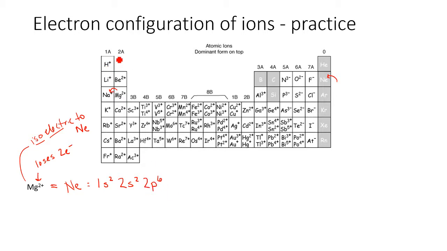Right? I imagine helium lives here, and I say I've got 1s2, 2s2, and then I go all the way over to neon, and that gives me 2p6. I could draw orbital box diagrams, but I think you guys probably have that by now. You could practice it and see how it goes, but this is the electron configuration for magnesium 2+.